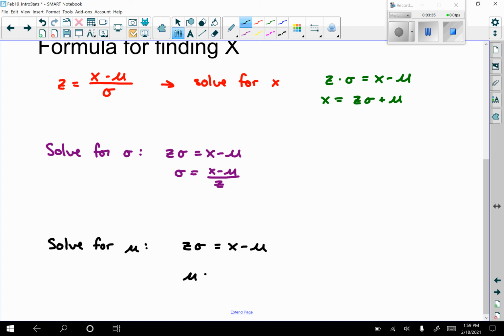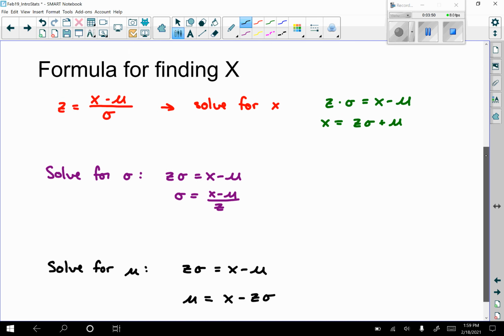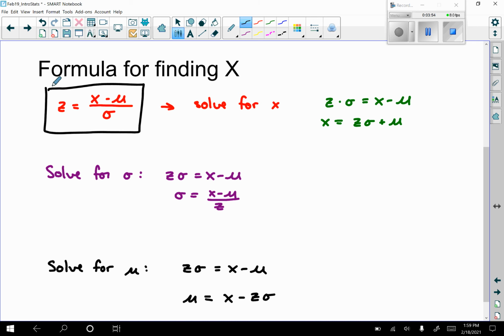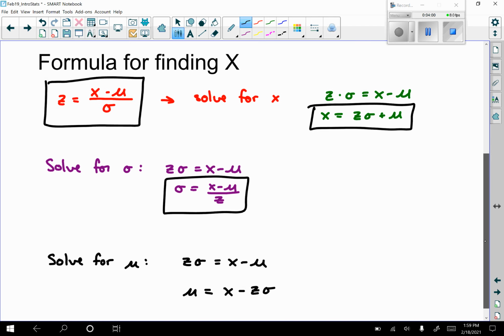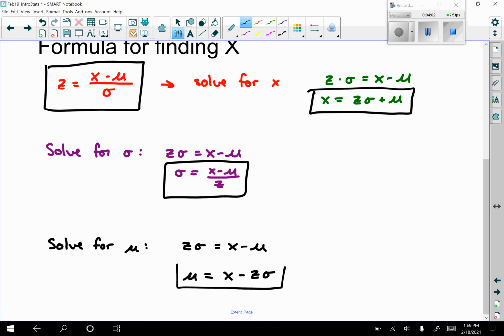So mu is just going to equal x minus z times our standard deviation. All right, so we have 4 versions of the formula. We use this when we're trying to find the z value. We use this version if we're trying to find the data value, this version if we're trying to find standard deviation, and then this version if we're trying to find the population mean.